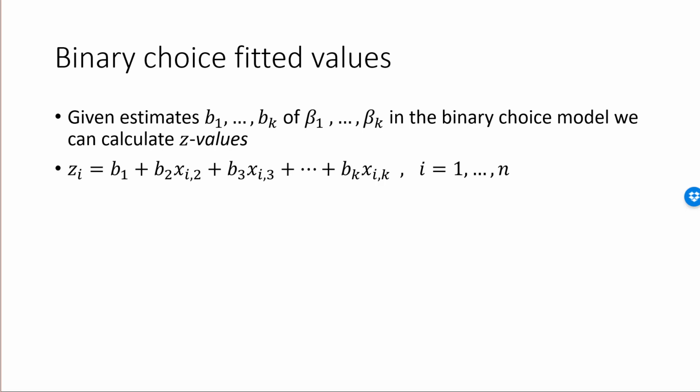Since the b's are estimates of betas, we can say that the z's are estimates of the zetas, honoring our tradition of using Roman characters for things that we observe and Greek characters for unknown stuff. The z values are my first step towards the fitted values in the binary choice models.